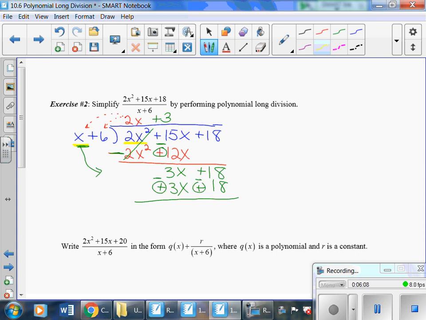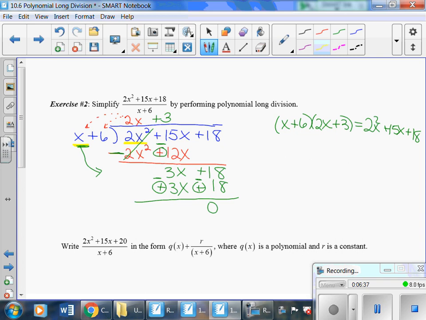Subtract, subtract, and we get a remainder of 0. So what does this mean? This means that x plus 6 times 2x plus 3 is equal to 2x squared plus 15x plus 18. When there's no remainder, that's what that means.